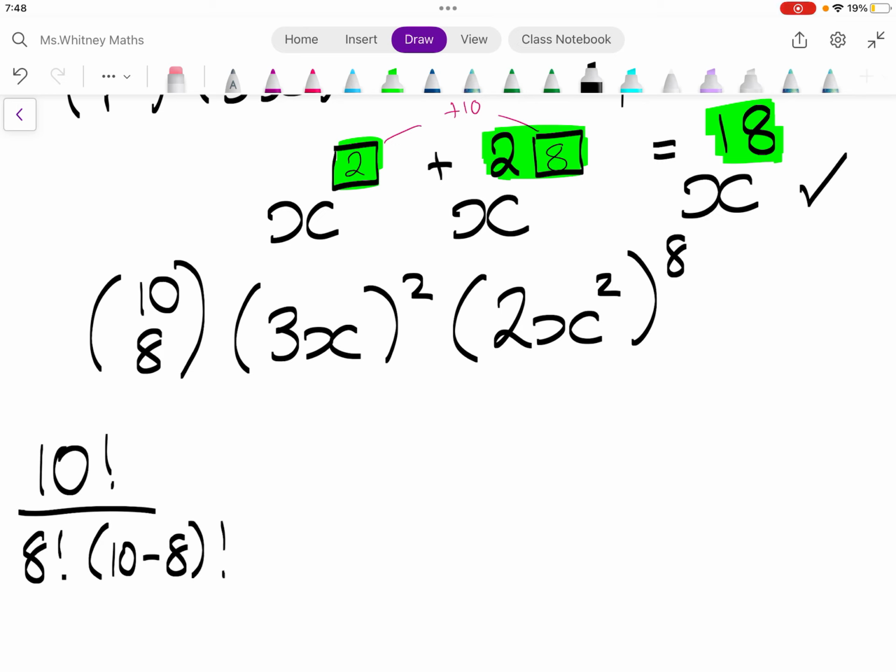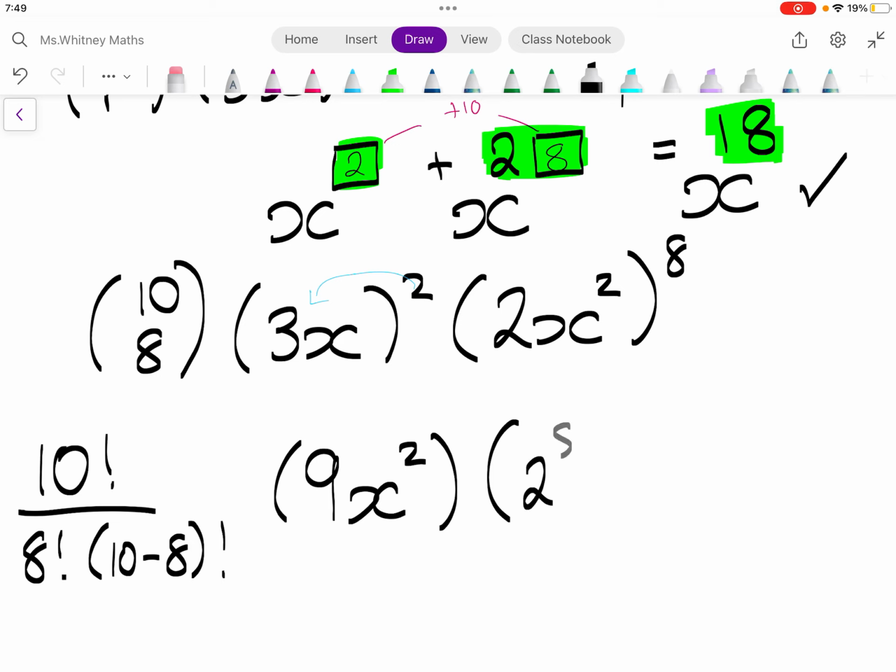And then we've got to times it by 9x squared, because you do this bit squared also. And then you're going to times it by 2 to the 8, which you can probably grab a calculator for. It's like 64, and then double that is 128, double that is 256. It's going to be 256.